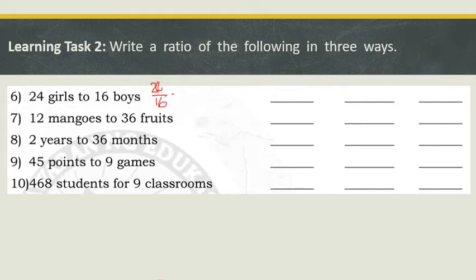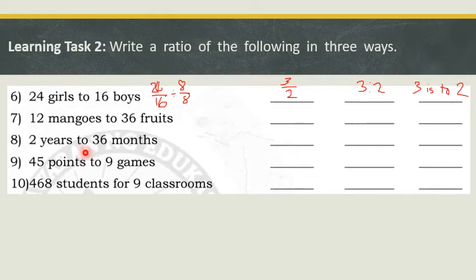So, saan pwedeng i-divide ng 24 and 16? Pwede po siya sa 8. So, 24 divided by 8 is 3. 16 divided by 8 is 2. So, sa column form, magiging 3 is to 2. And sa word form, 3 is to 2.